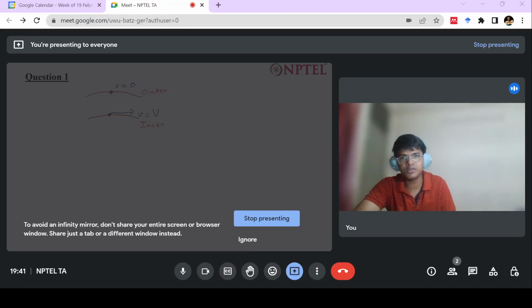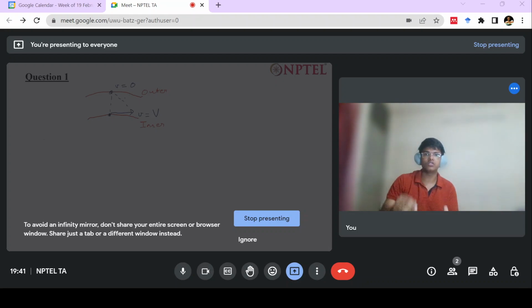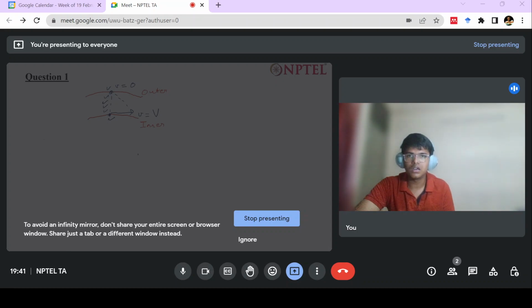Since this gap is narrow, we will assume the velocity variation is linear. We have the velocity at this wall and at the other wall, but we still do not have the velocity at all the points in between. So we will make an assumption that this variation is linear. Since the gap is narrow, whatever higher order variations there are will be negligible.